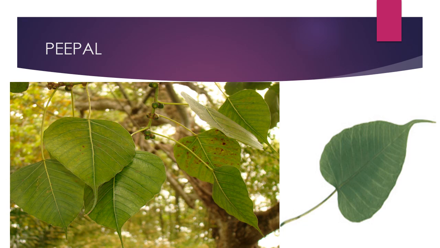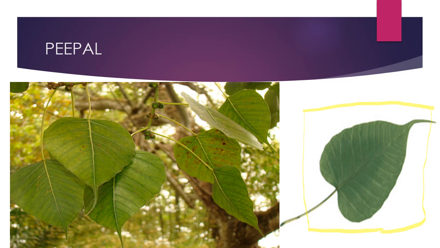The next leaf shown to us is of peepal. Children, don't get confused between the banyan leaf and the peepal leaf. Both look alike, but still there is a difference between them. The peepal leaf is broad and the pattern is also different.